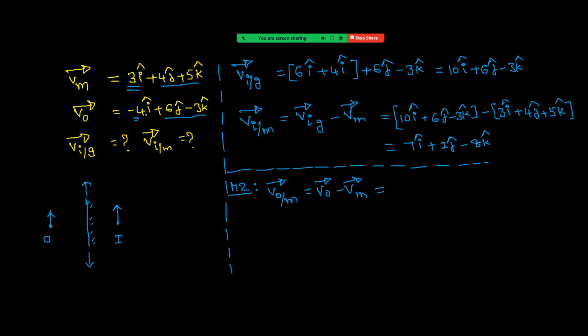Velocity of object minus, 4 minus 3, it is minus 7, right? Next, 6 minus 4, it is a 2, 2 j cap. Next, minus 3 minus 5, it is minus 8 k cap meter per second. This is velocity of object with respect to mirror.